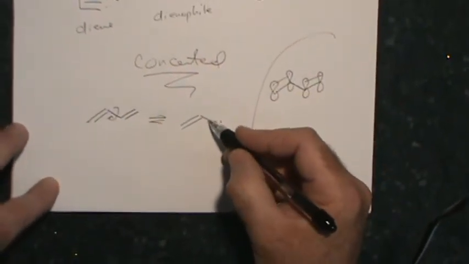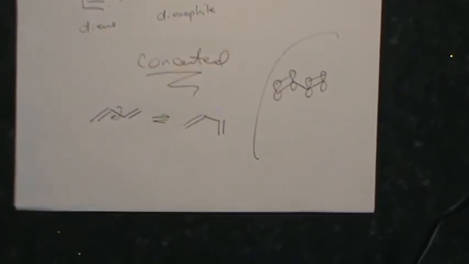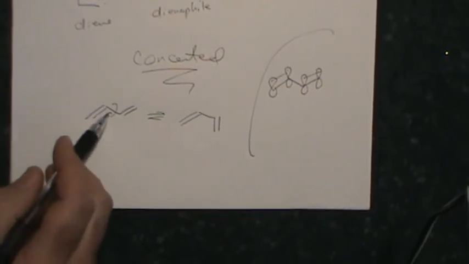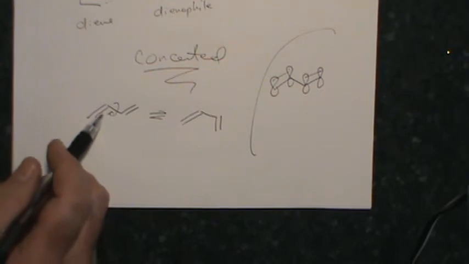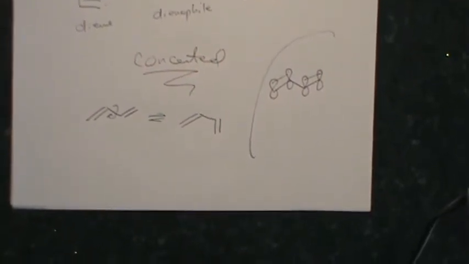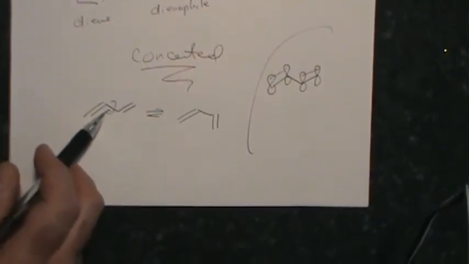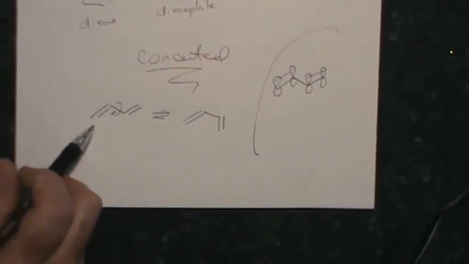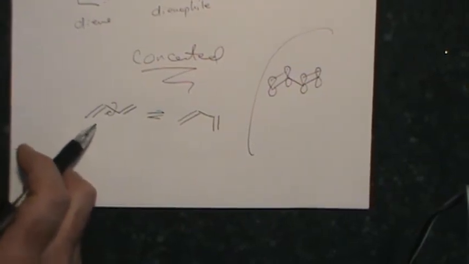Even though we draw it like it's a single bond, there's actually some pi bond character. That means there's double bond character there, and we know that if it were a full double bond, we wouldn't be able to rotate that bond at all. If it were a true single bond, it would be very easy to rotate. The reality is it's somewhere in between. It's a little more challenging to rotate that carbon-carbon bond than most carbon-carbon single bonds, but it's not impossible. It rotates with a little bit more energy.